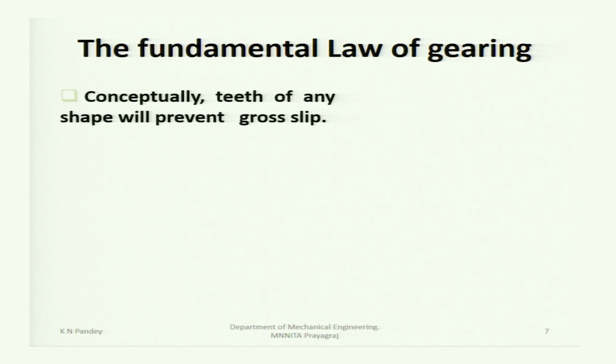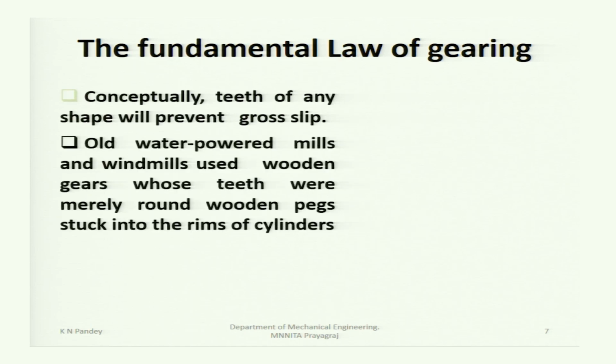Now, the fundamental law of gearing. Conceptually, teeth of any shape will prevent gross slip. That means, on the cylinder you have formed teeth, and teeth of any shape can prevent slippage.